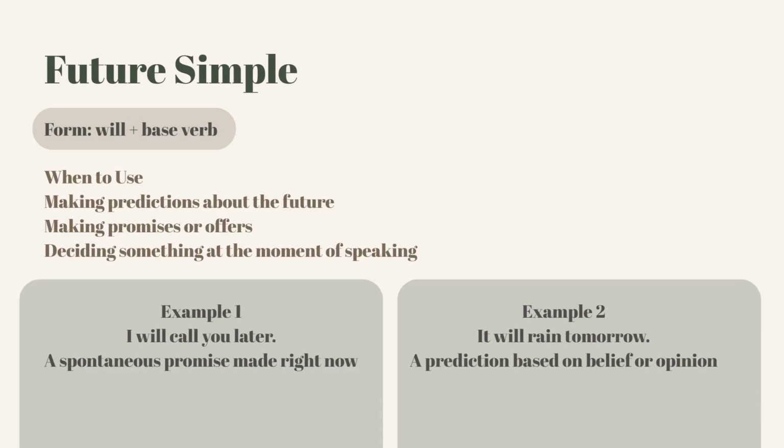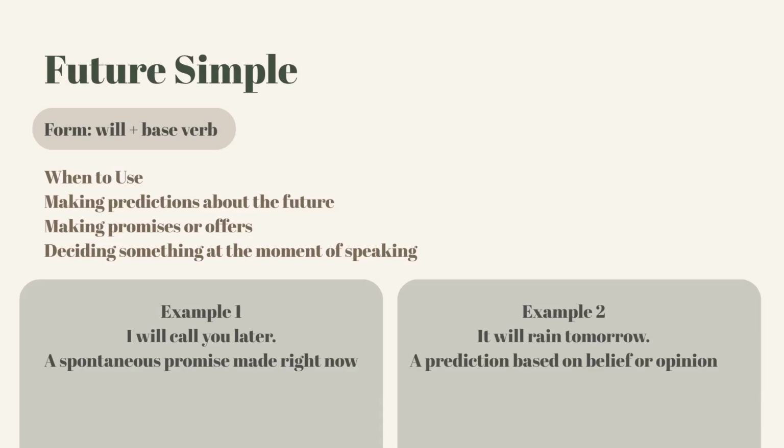And we can say, again, I will call you later. I think it will rain tomorrow. Or you can say, oh, there are negative forms, of course. And you can do the negative form like this. Let me just tell you the structure of it.